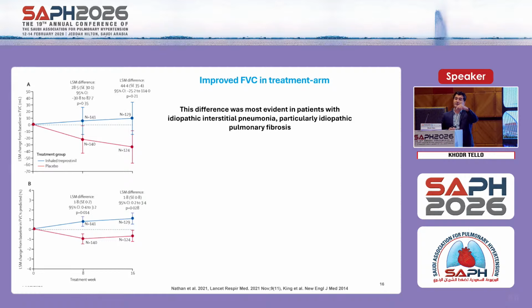But when they looked at the FVC in percent predicted, then they saw a difference of 1.8, and this was significant.